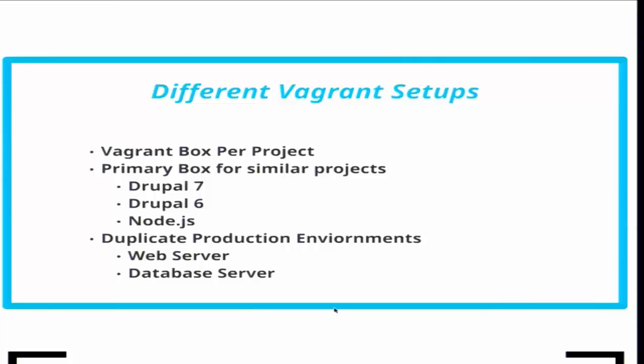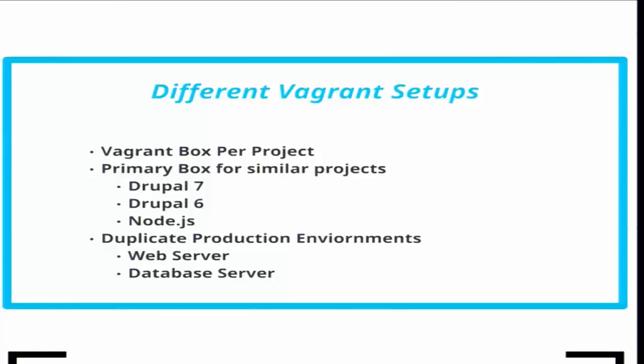So when you're using Vagrant, there's a couple of different ways you can set this up for your projects. The most traditional is a Vagrant box per project. So that means, let's say, your project file with GitHub. What you do is you'll go into the directory and run vagrant init and install a Vagrant instance in that source code directory. And usually then you'll have a share to that directory so Vagrant can access it.